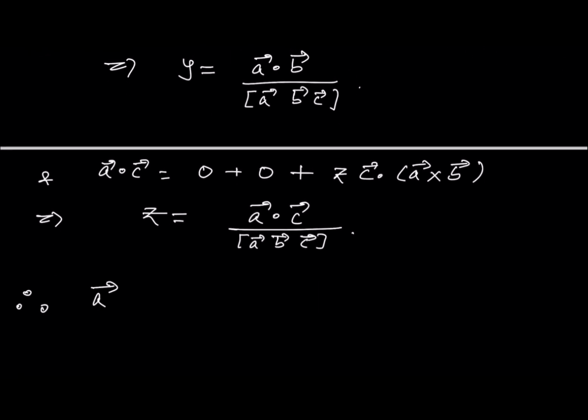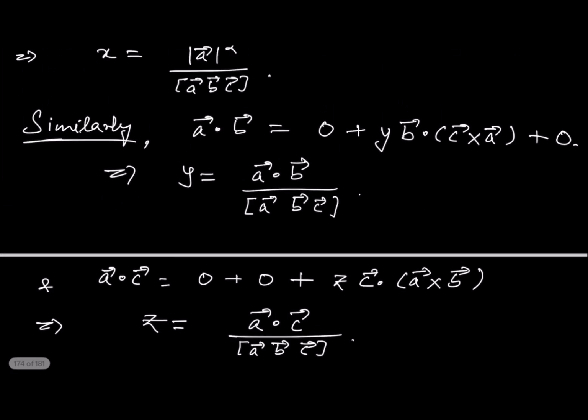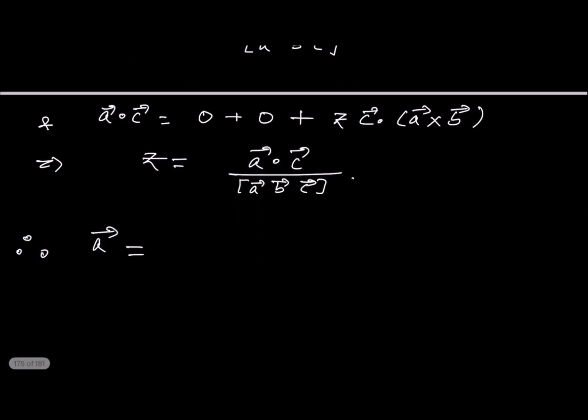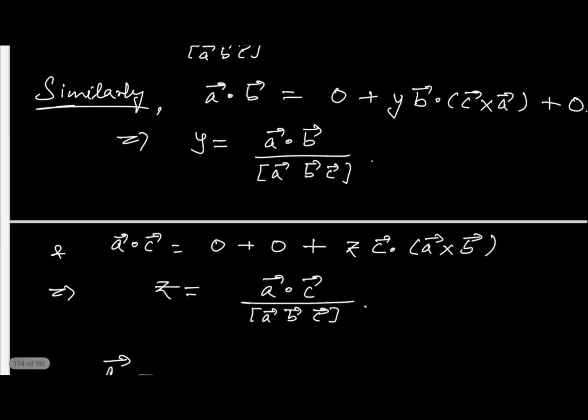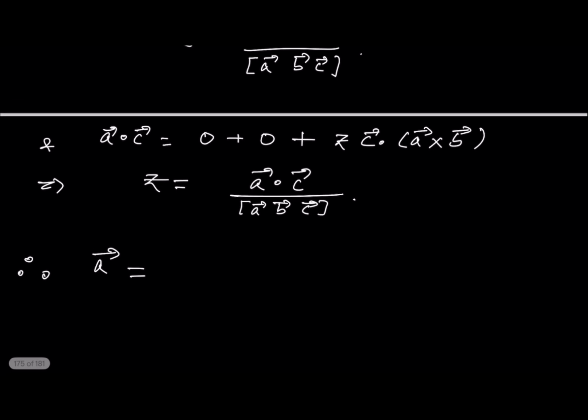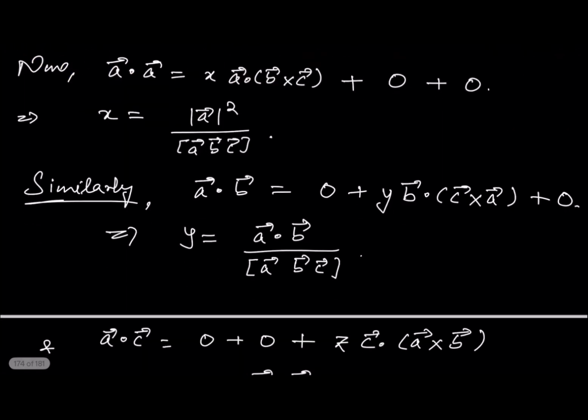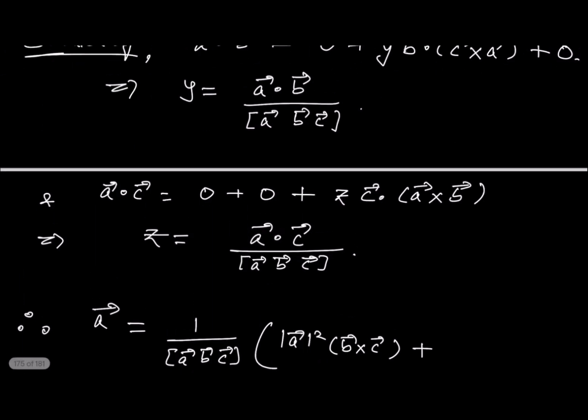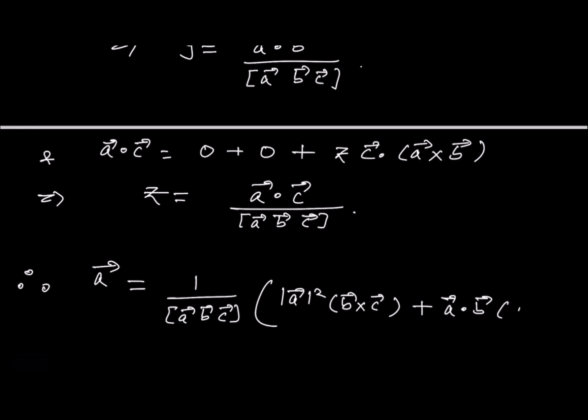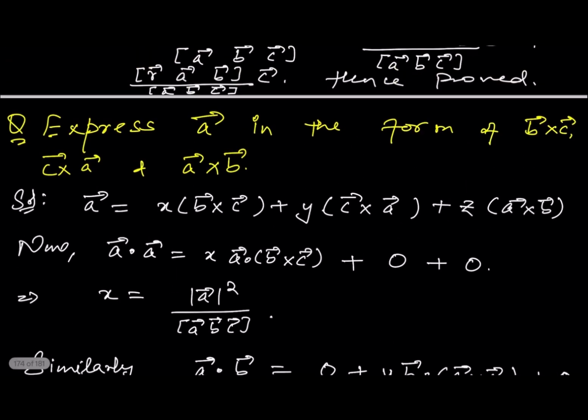So A vector becomes x times B cross C. So x is nothing but mod of A square on box ABC, and in all these x, y and z denominator is same, so I can write 1 upon box ABC times mod of A square times B cross C plus A dot B times C cross A plus A dot C times A cross B, right?